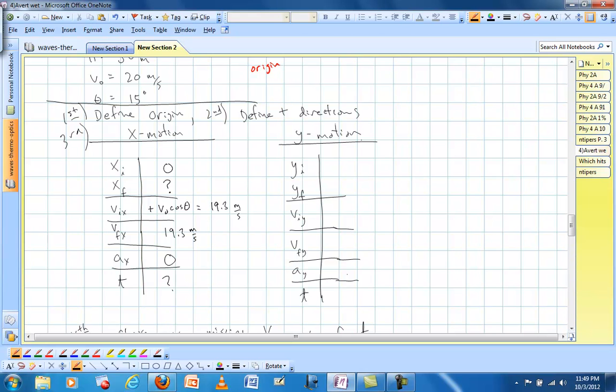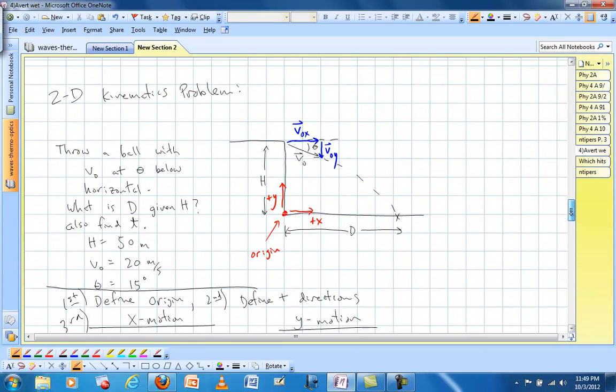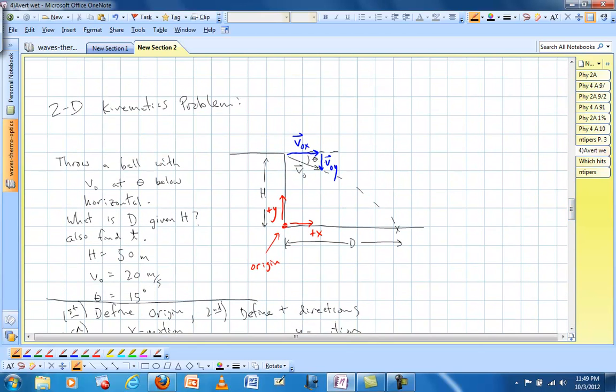So y, we start out at h, which is positive 50 meters. Y final is going to be 0. That's the split second before it hits the ground. In the y direction, what's our initial velocity? Well, it's going down, and it's going to be v0 sine theta.